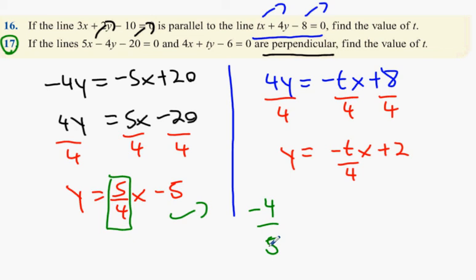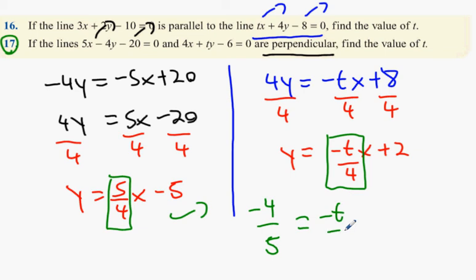Sorry, I'm just using this one here, Jack. Okay? Now, minus 4 over 5 is the perpendicular slope to 5 over 4. Therefore, minus 4 over 5 has to be the same number as minus t over 4.